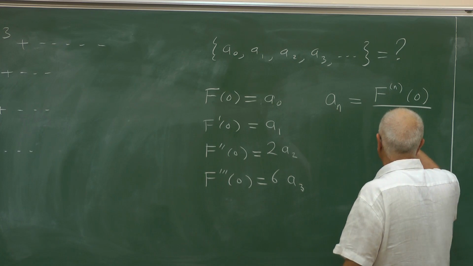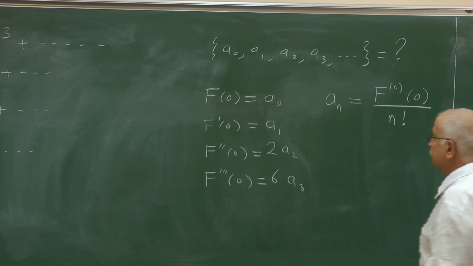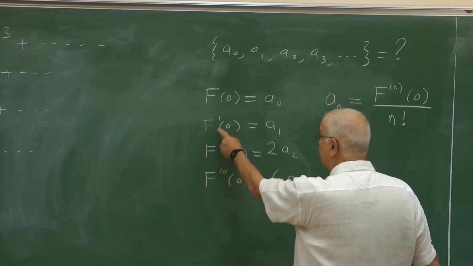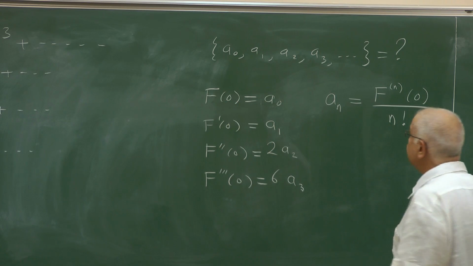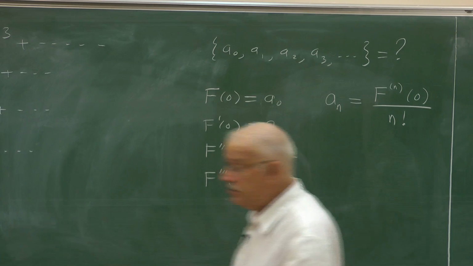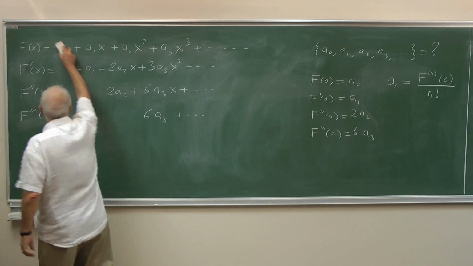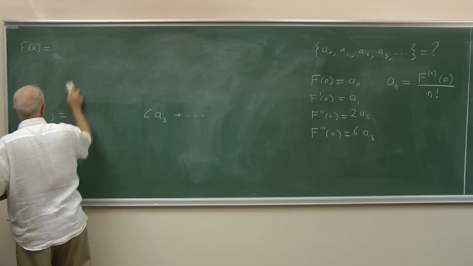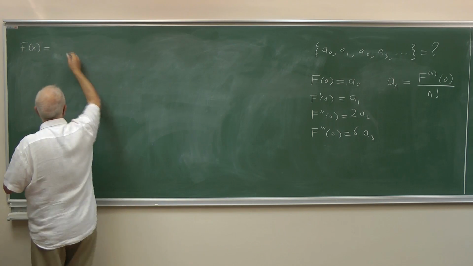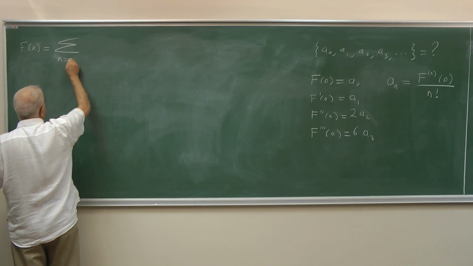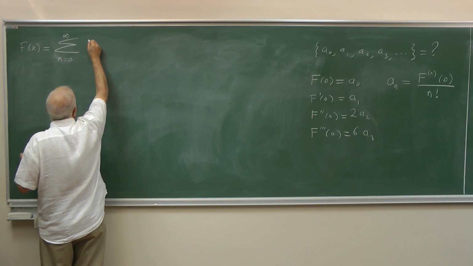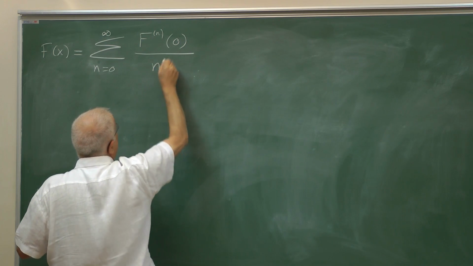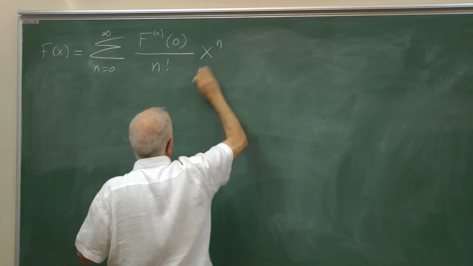But we should divide by n factorial, because 6 is 3 factorial, 2 is 2 factorial, 1 is 1 factorial, 1 is also 0 factorial. Therefore, f of x can be written as a summation starting with n equals 0 to infinity, the nth derivative evaluated at 0 divided by n factorial, x to the nth power.